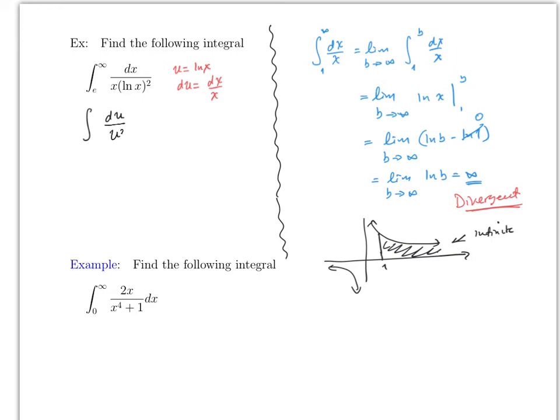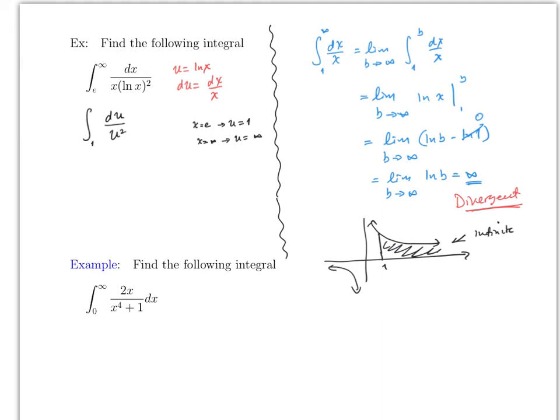Now you have to change the limits of integration. Notice that x goes from e to infinity. So since u is equal to ln x, how much is ln of e? Well, ln of e is 1, and ln of infinity is infinity.